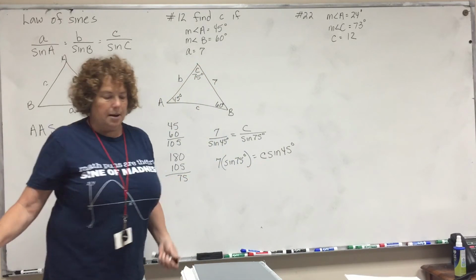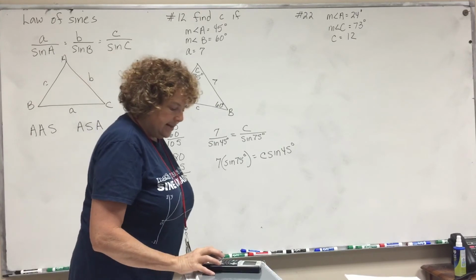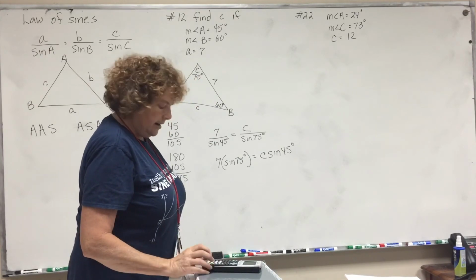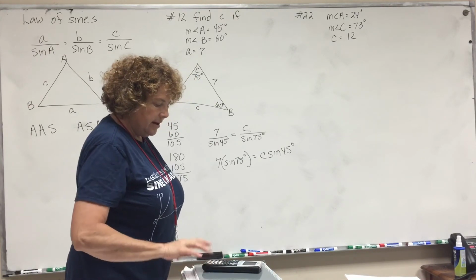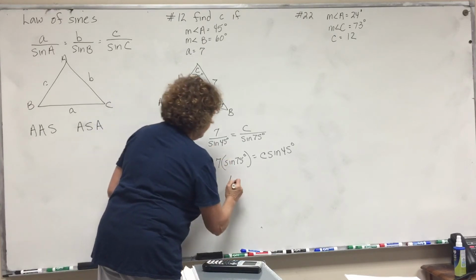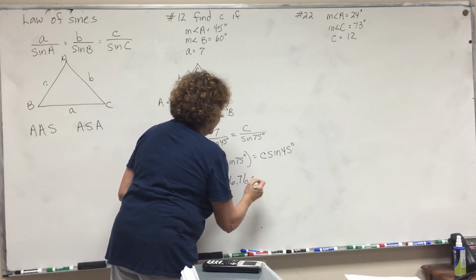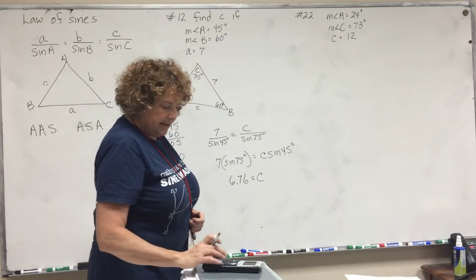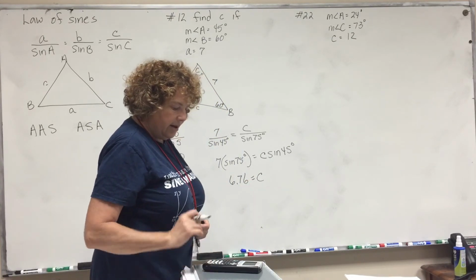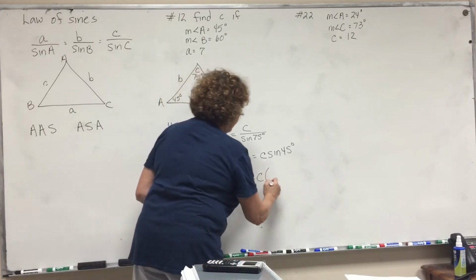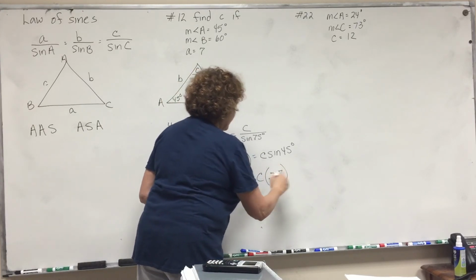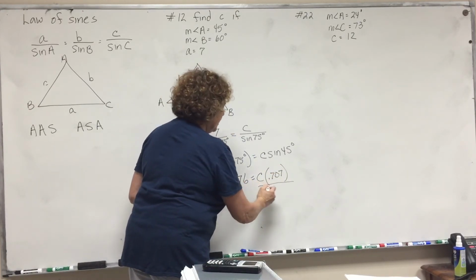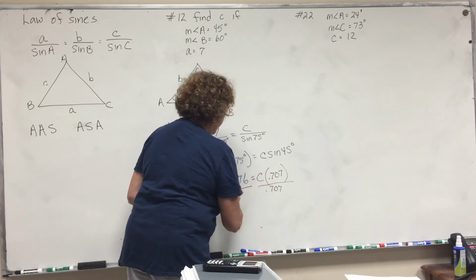Let's just go ahead and use the numbers. So 7 times the sine of 75 is 6.76, and that equals c times the sine of 45, which is 0.707. Now to solve, we just divide both sides by 0.707.